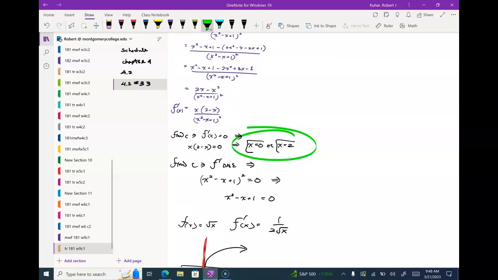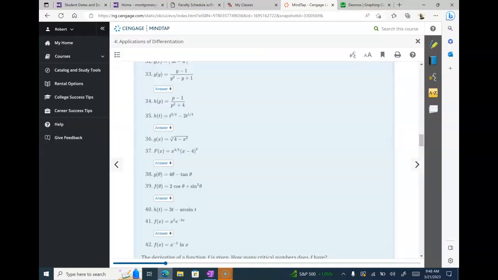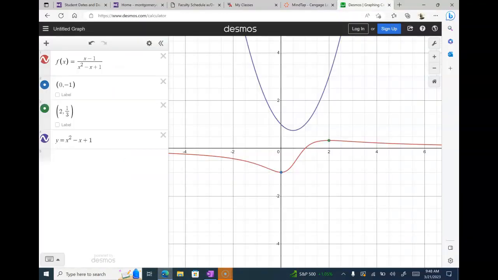And what's the use for the x squared minus x? It doesn't equal 0, right? I looked at the graph and I said, oh, look at that purple graph. It never equals 0. So no answer. Okay. No criticals from the denominator.